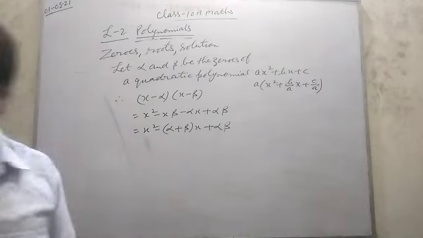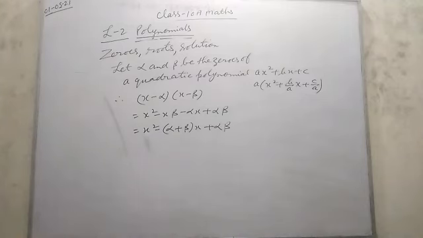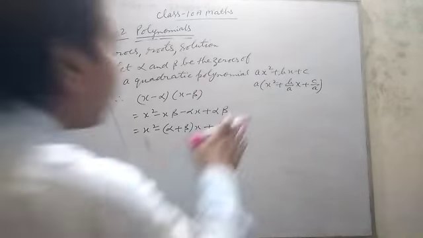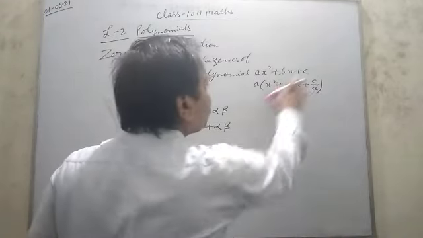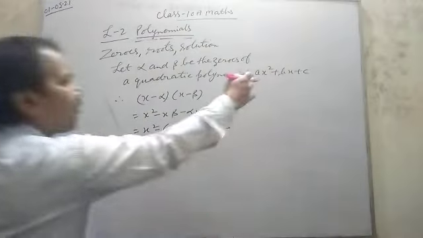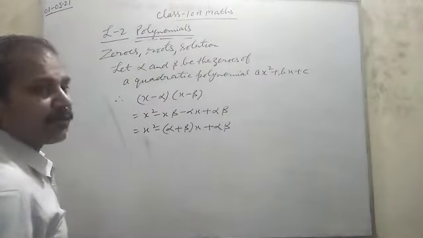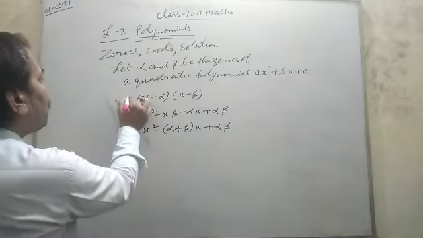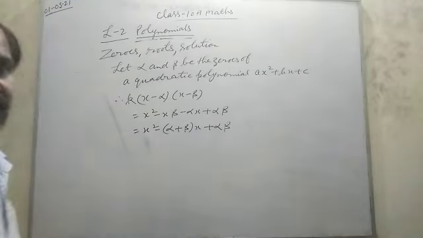And here x square minus alpha plus beta into x plus alpha into beta. That is ax square plus bx plus c, and this is the polynomial. So here you multiply by a, not take common, because this is the polynomial.